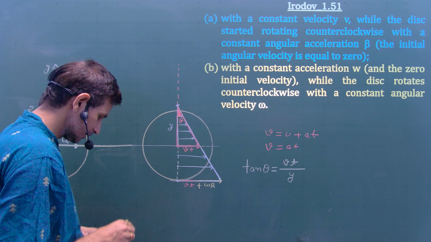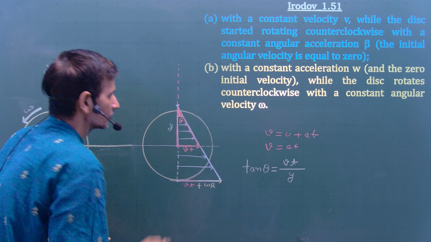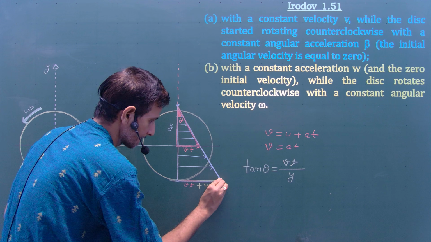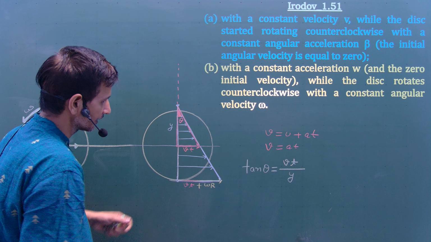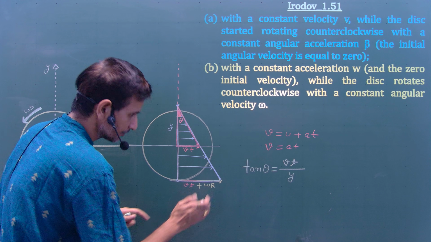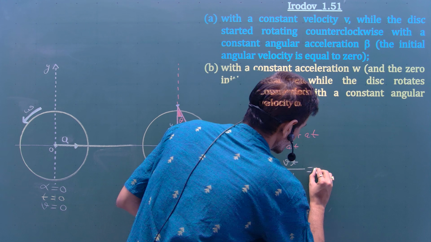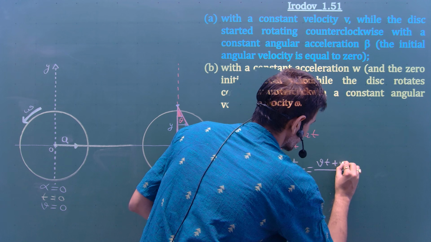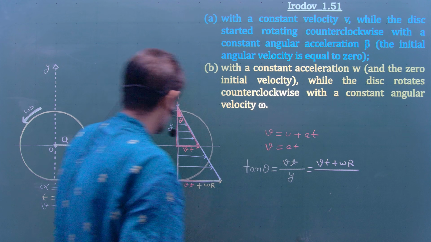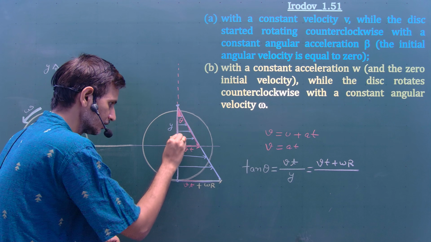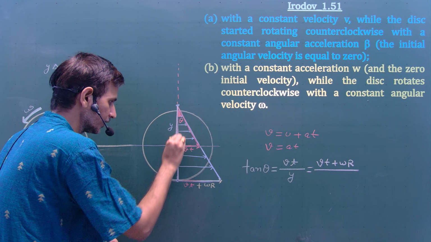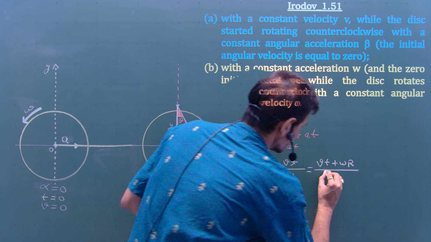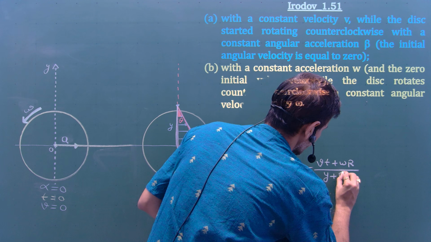Use the same tan theta for this bigger right angle triangle. The perpendicular part is at plus omega into r, and this total base is y plus r, where this length is y and this is the radius of the disk, r.